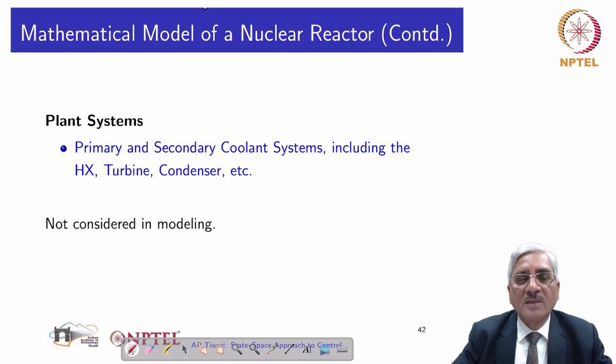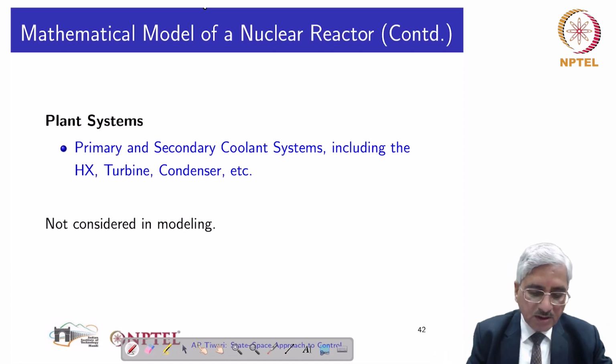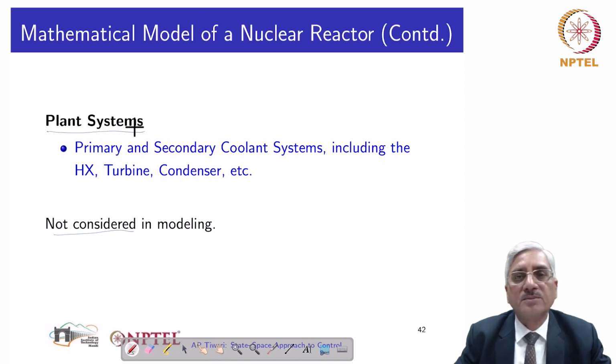Even in actual work on nuclear reactors, a control engineer doesn't model those plant systems. It is assumed that the impact of plant system dynamics on the core side will be small, and similarly the impact of core side dynamics on plant systems will be small. So they are treated in decoupled fashion, and we do the same. We do not consider the plant systems.